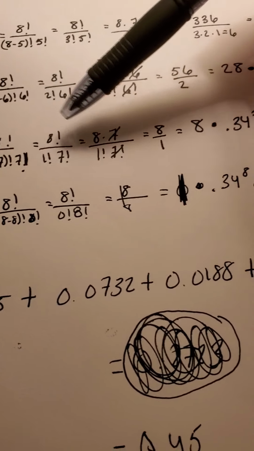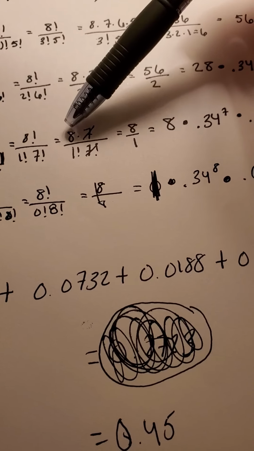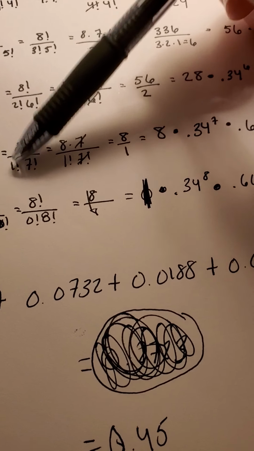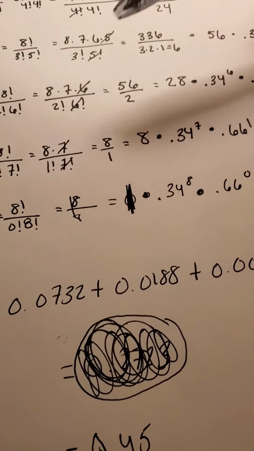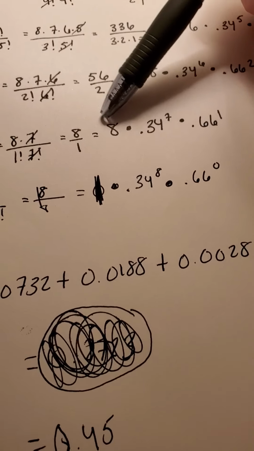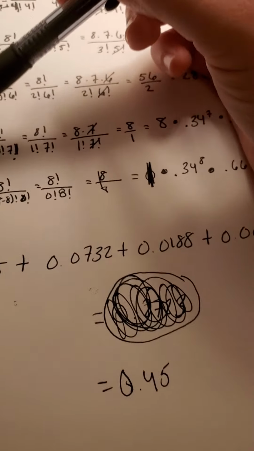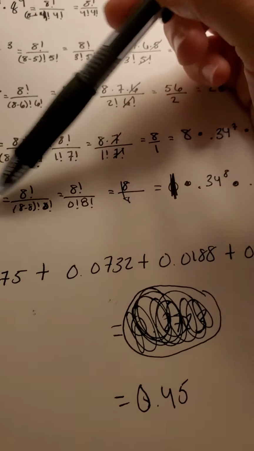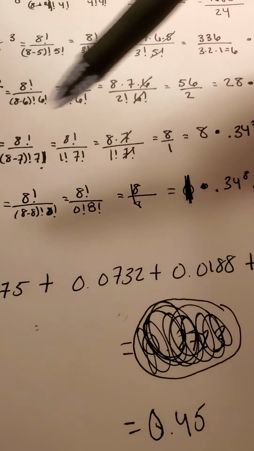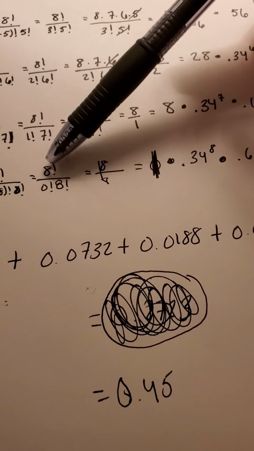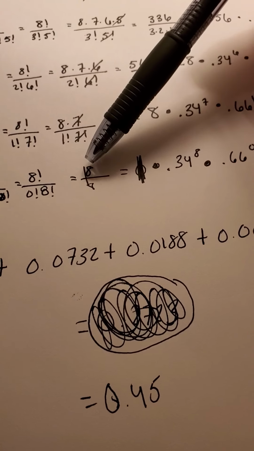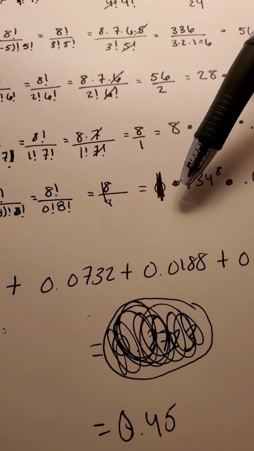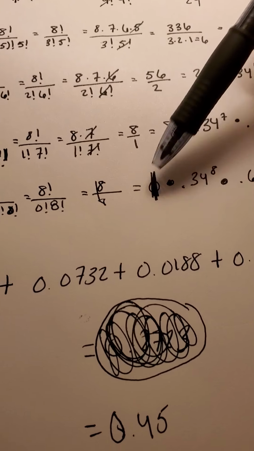Again, using the combination formula, you are left with 8 over 1 factorial times 7 factorial, which equals 8 over 1, and then 8 divided by 1 equals 8. And then the combination of 8, again plug it into the formula, and we get 8 factorial over 0 factorial and 8 factorial, and then 8 divided by 8, which equals 1.